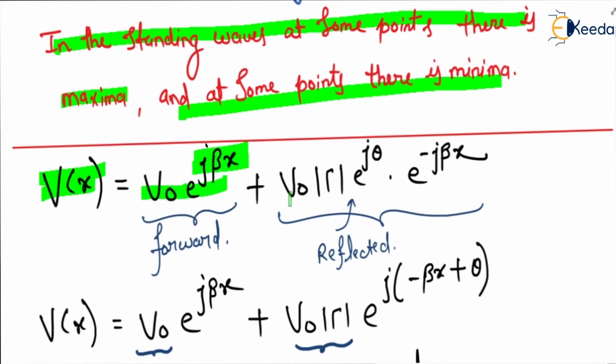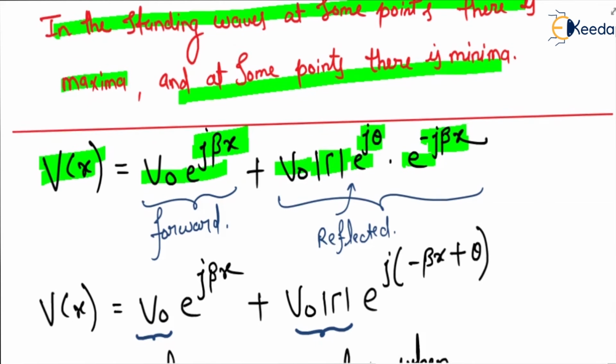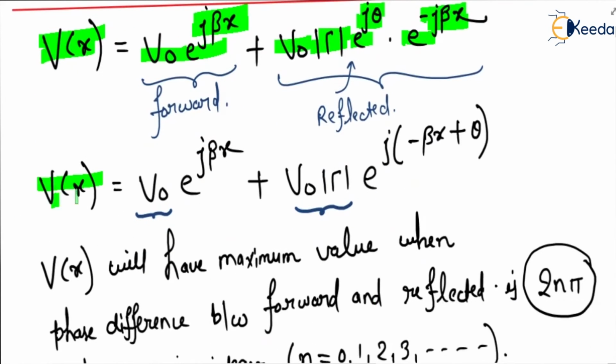It is V naught e to the power j beta x plus V naught mod gamma e to the power j theta into e to the power minus j beta x. So voltage Vx is V naught e to the power j beta x plus V naught mod gamma e to the power j minus of (beta x plus theta).